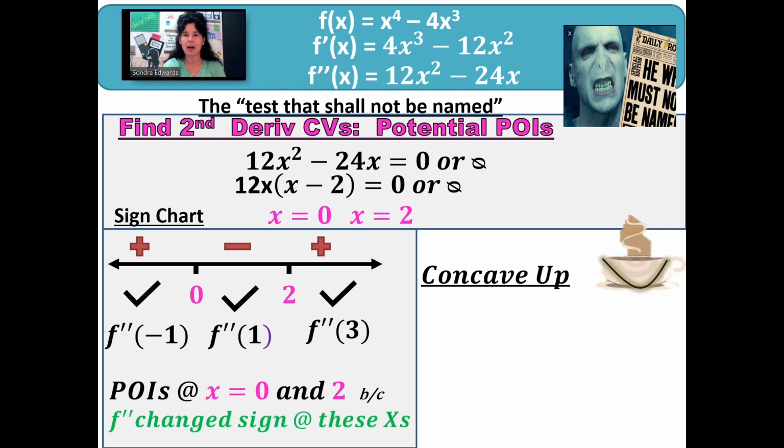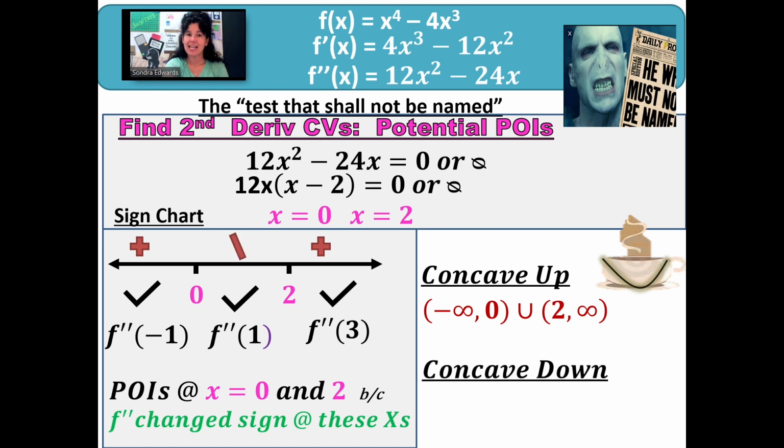Our original function, f of x, x to the fourth minus 4x cubed, is concave up from negative infinity to 0 and from 2 through infinity. It is concave down between 0 and 2.